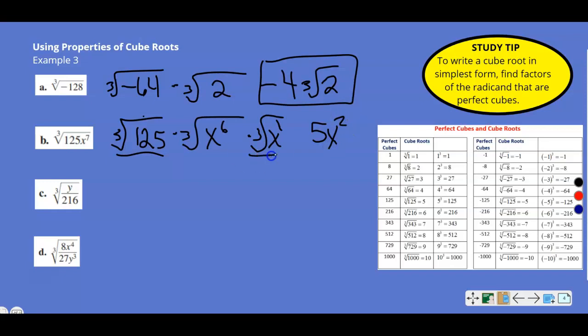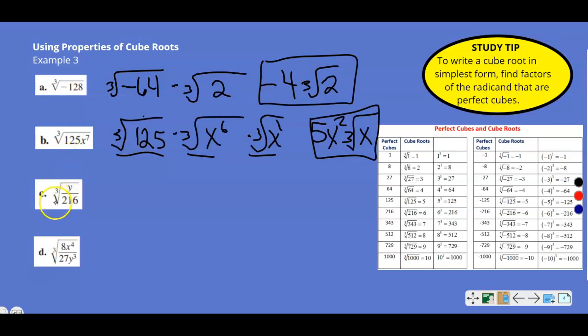And the last one just stays as the cube root of x. So 5x squared cube root of x is equivalent to the cube root of 125x to the 7th.